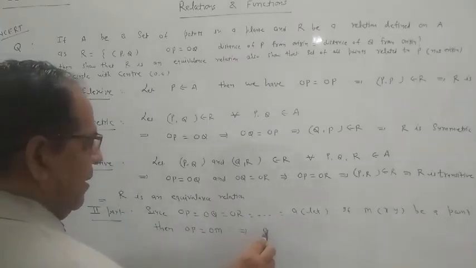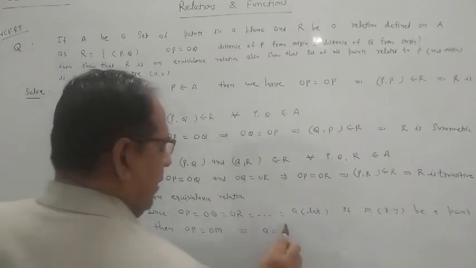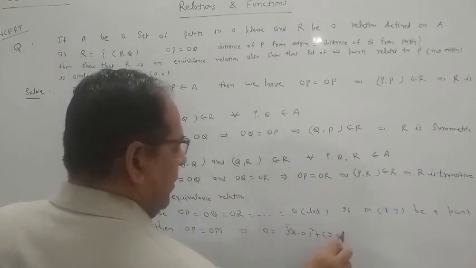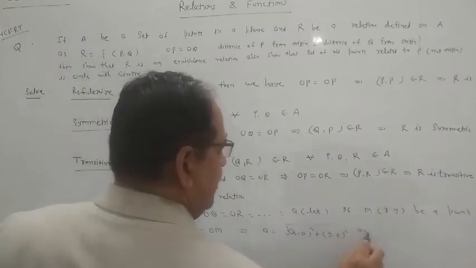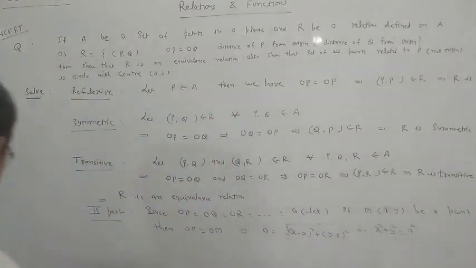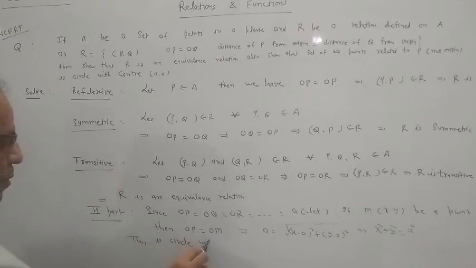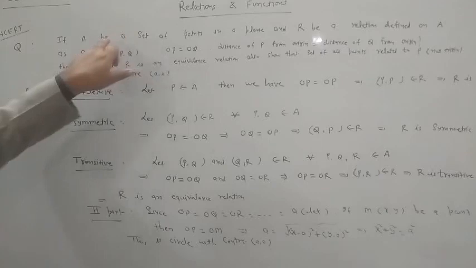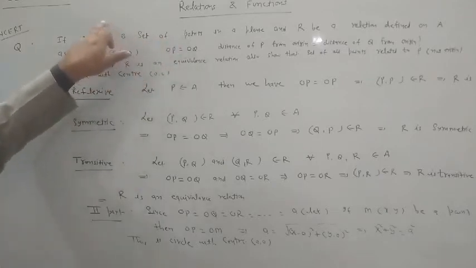This implies that A equal to the square root of (x minus 0) squared plus (y minus 0) squared. This implies that x squared plus y squared equal to A squared. This is a circle with center (0, 0).